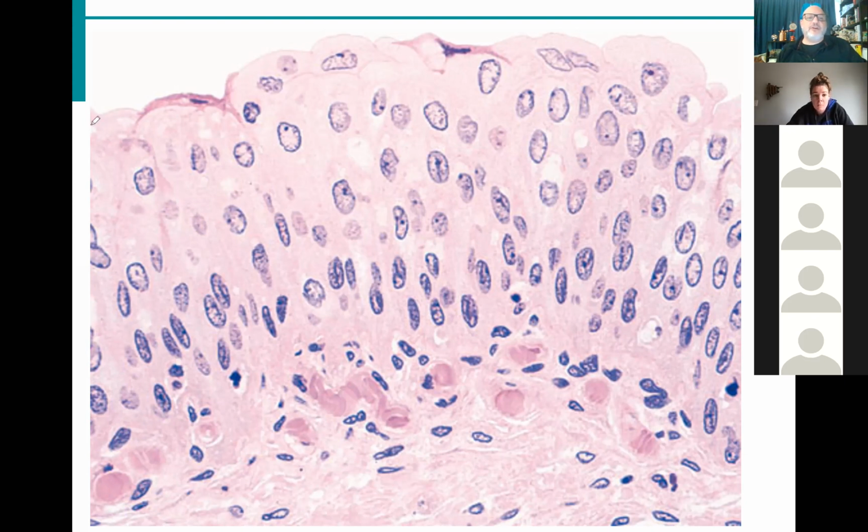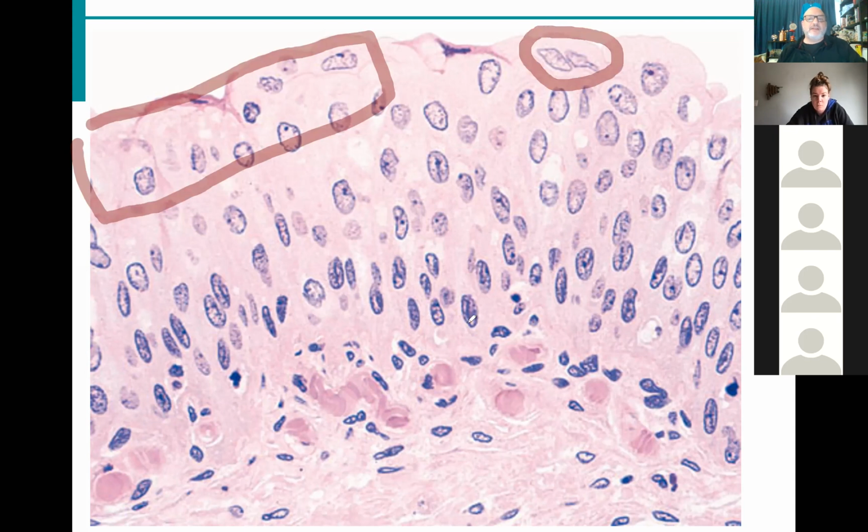Notice we talked about the big block cells up on top of this tissue. But what do you notice about this cell right here? There are two nuclei. If you see one of these big block apical cells that has two nuclei in it, that is a dead giveaway.